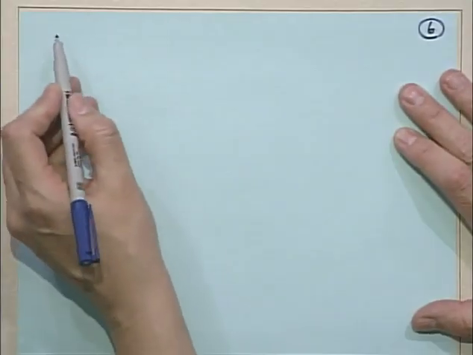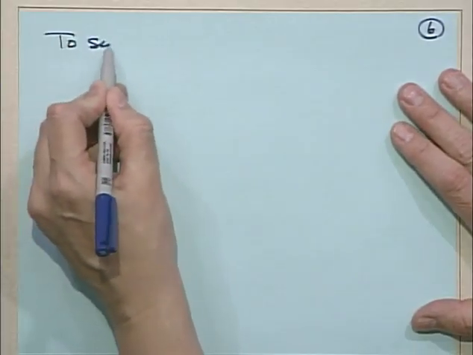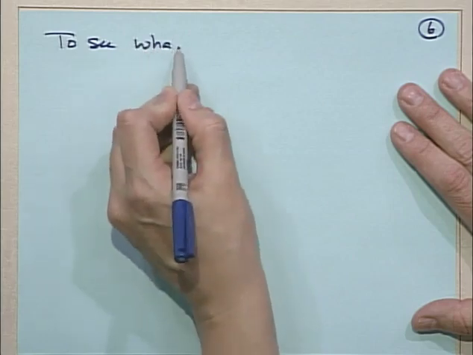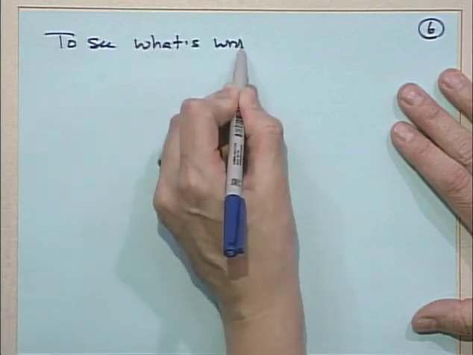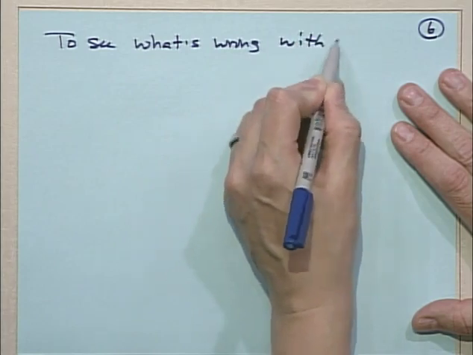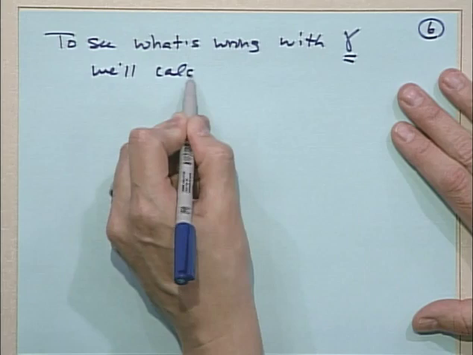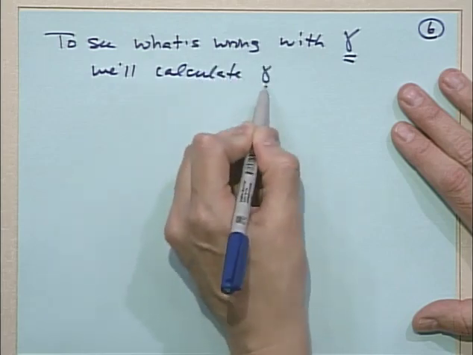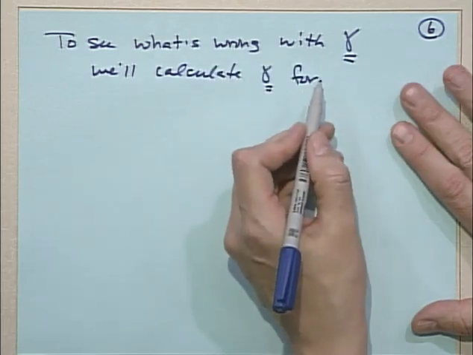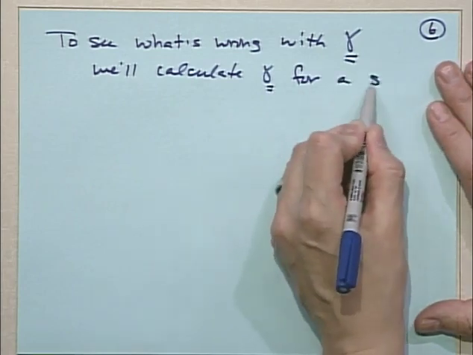Okay, so let me title this, let's say, to see what's wrong with gamma, we'll calculate it for a simple motion.